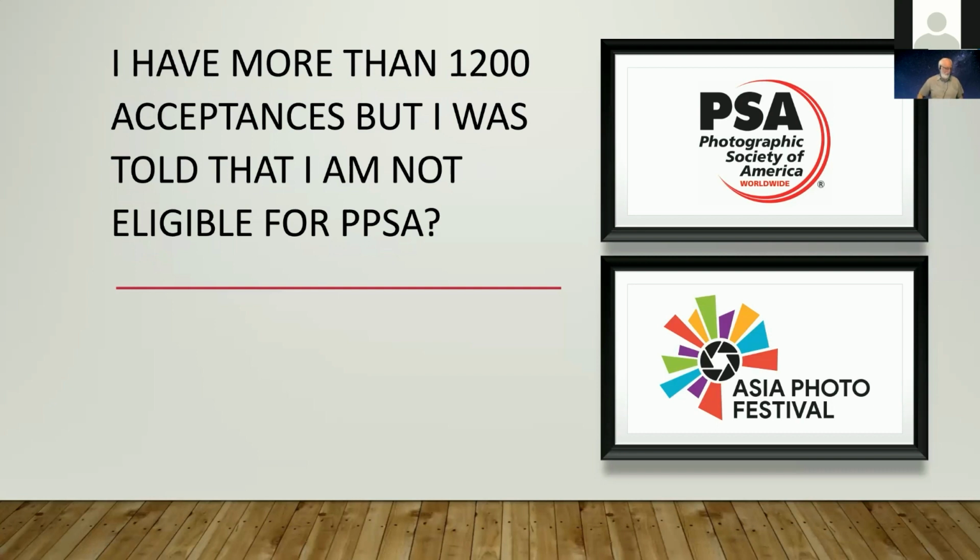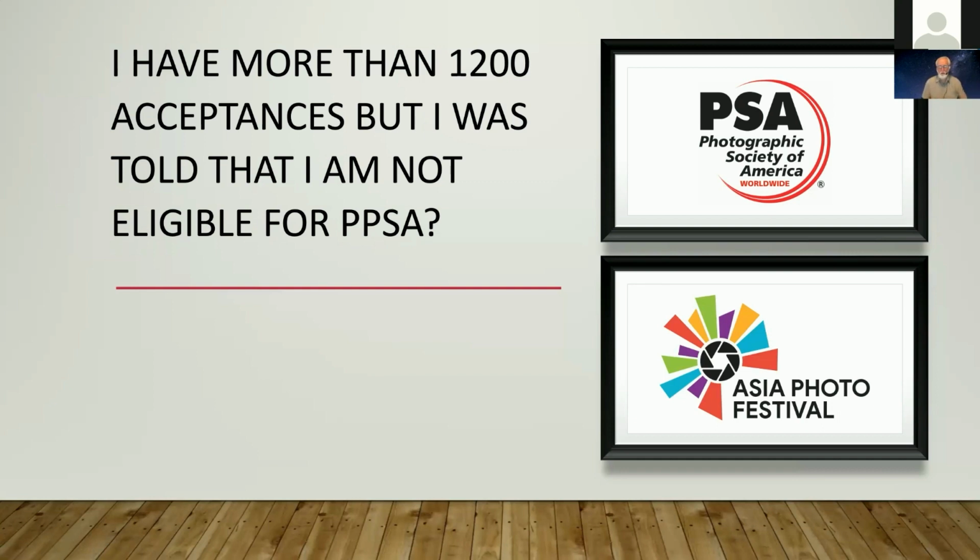Now, I got a question about this just yesterday from somebody. They had been keeping their own records and they knew that they had lots and lots of acceptances. And in this example, 1,200 acceptances, and they only need 288 to get the PPSA distinction. But they might be told, sorry, you can't. And the reason is simple. It comes back to what I was saying before.